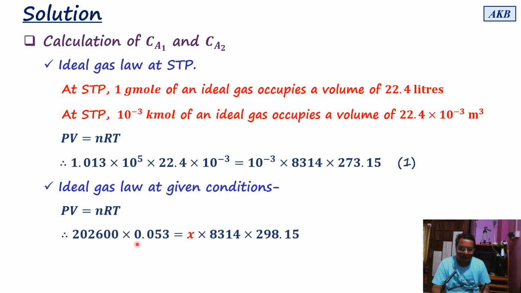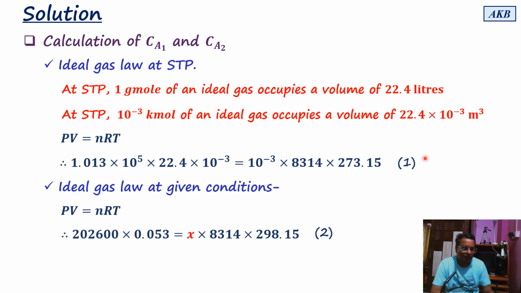Then volume is 0.053. We want to know the kilomole of gas that will occupy this much volume at the given temperature and pressure. That is equal to X. That means right now I don't know how many kilomoles occupy this volume, so I'm calling that X. So it is X into 8314 into 298.15, and I'm calling this equation number 2.